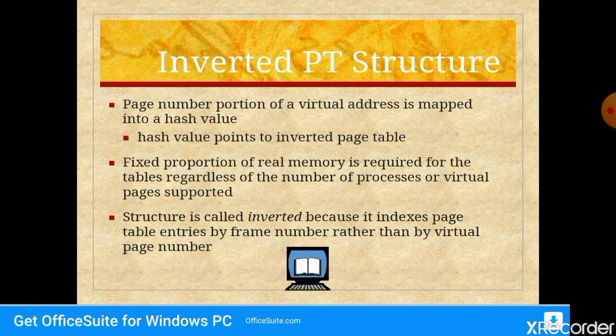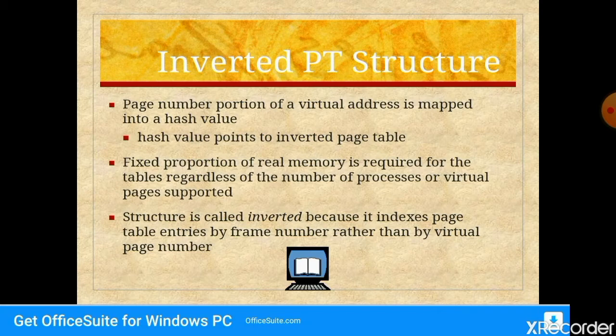But here in the inverted page table structure, the index of the page table is not the page number but the frame number. This is done using a function called a hash function.